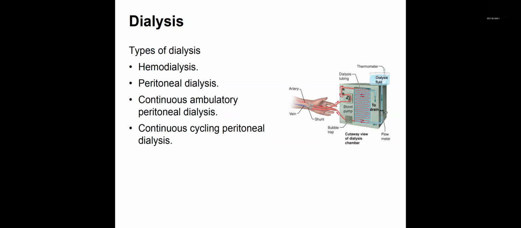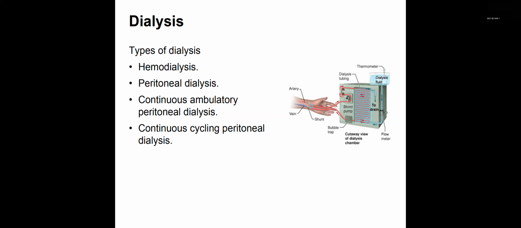Here are the different types of dialysis, right? So again, dialysis is a treatment for renal failure. Dialysis is a process of removing waste and excessive water from the blood. Hemodialysis involves the filtration of blood through a dialyzer, which is basically an artificial kidney.